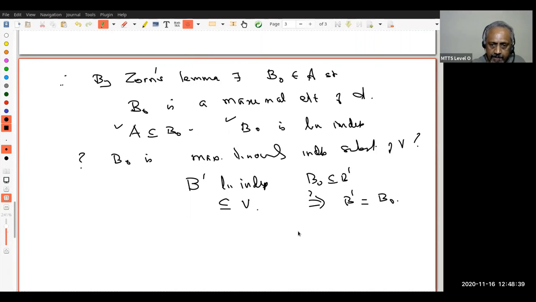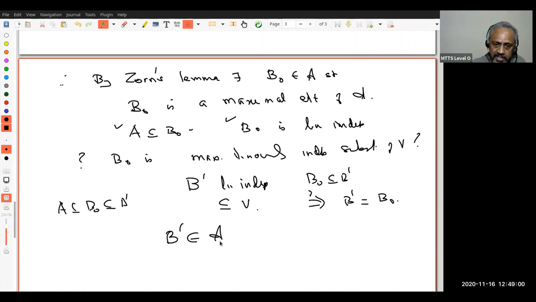Now, suppose B dash is linearly independent and B dash contains B naught. Notice that B dash then belongs to script A, because A is already in B naught and therefore it's also in B dash. And B dash is linearly independent, therefore B dash belongs to A.